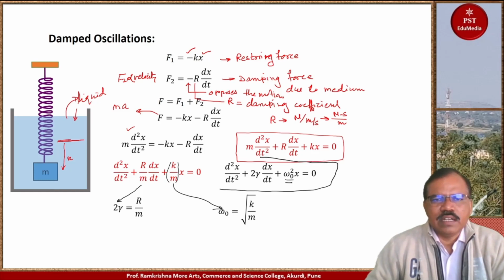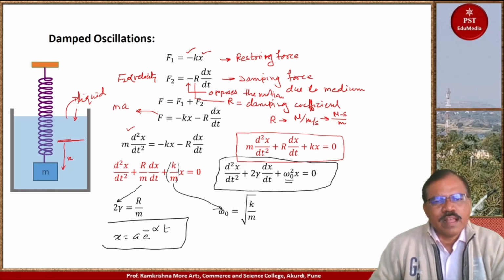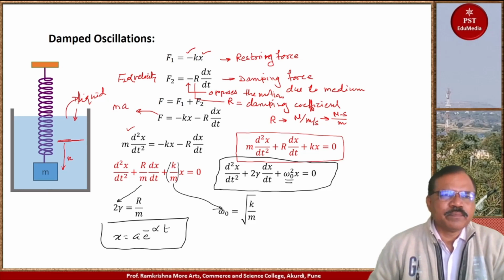This is a second order linear homogeneous differential equation. We can solve it by assuming some solution, x is equal to a e raised to minus alpha t, and we get the solution. This medium opposes the motion.